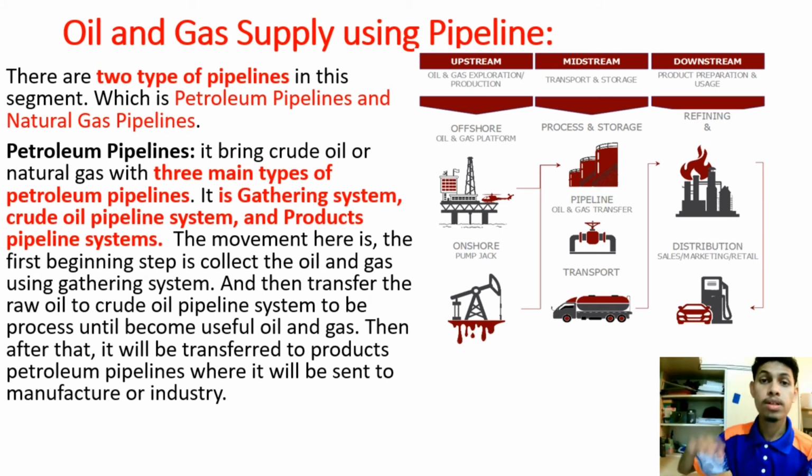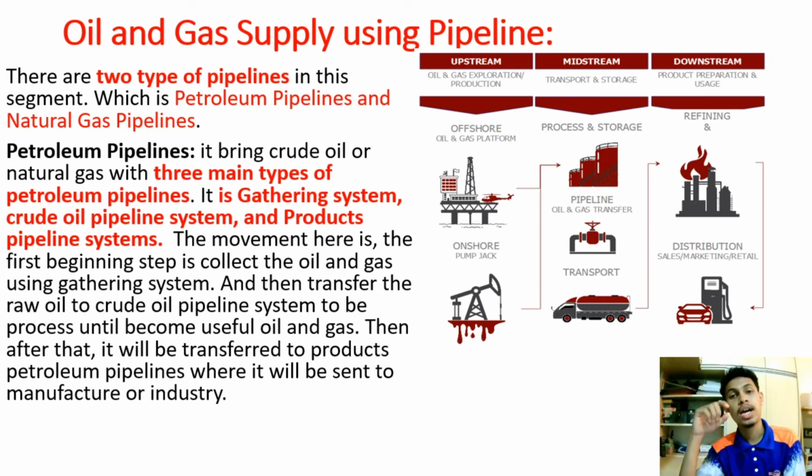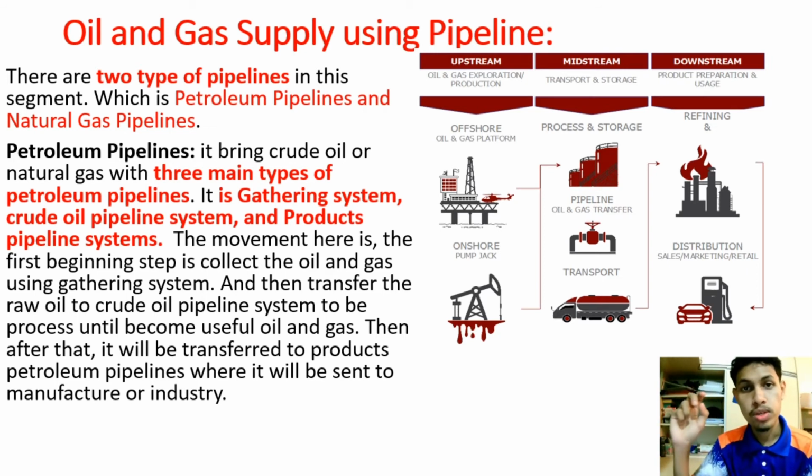So from the crude oil pipeline system, when the oil is useful, they will transfer it to another pipeline, which is the product pipeline system. It is where the pipeline will transfer the useful oil to the industry, to the manufacturer, to the country.